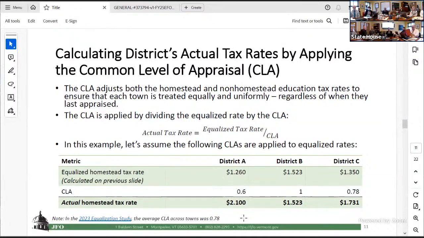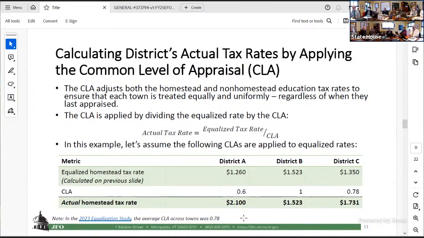But I think what you're saying is that there would likely be changes to the yield, so you wouldn't just get that lower equalized rate; the whole formula would have to adjust. Right. Likely districts would be back with a very similar rate for their actual homestead, because if everyone were to just have their equalized rate and there was no CLA, there just wouldn't be enough money for the ed fund. So we would be running a huge deficit.